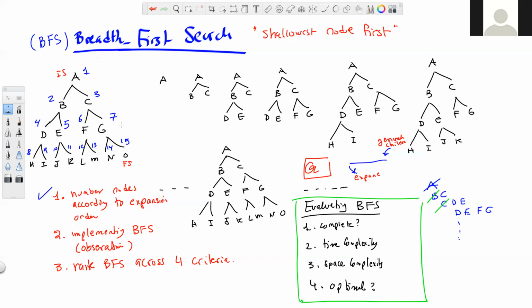Let me put it this way, and this should be obvious from the expansion order. Breadth first search, okay, I have to dramatize this. To dramatize this, I have to turn the camera on. Breadth first search will not expand a node at a particular level before having expanded nodes at the previous levels.